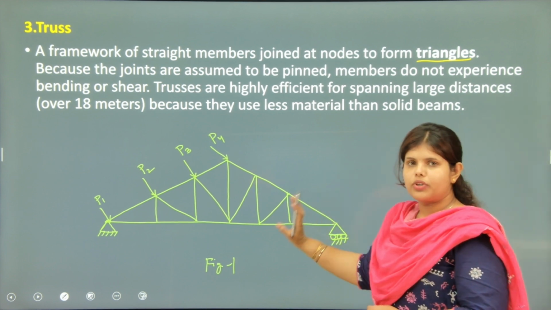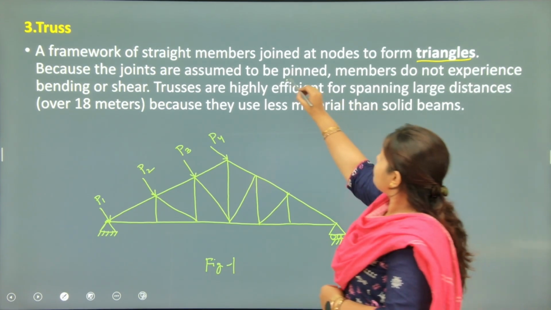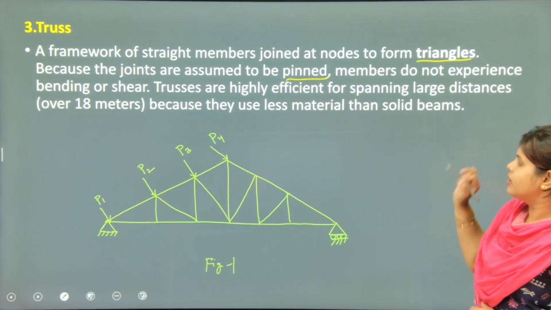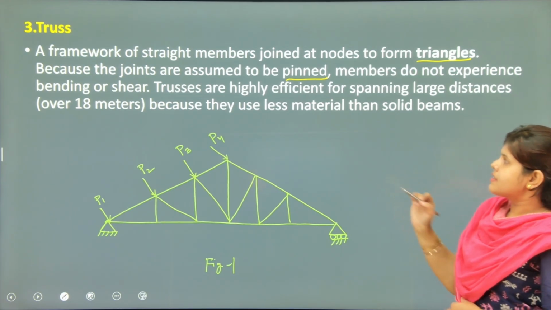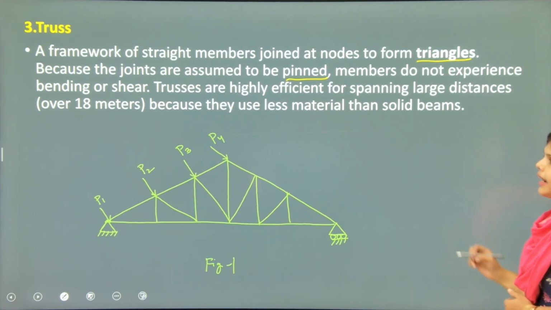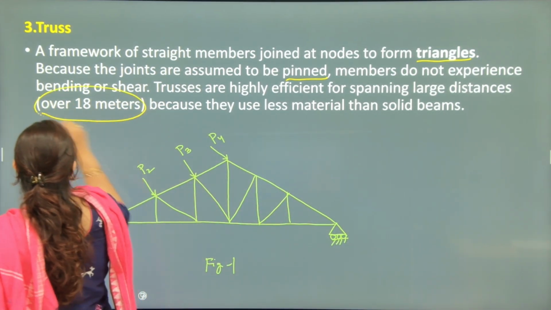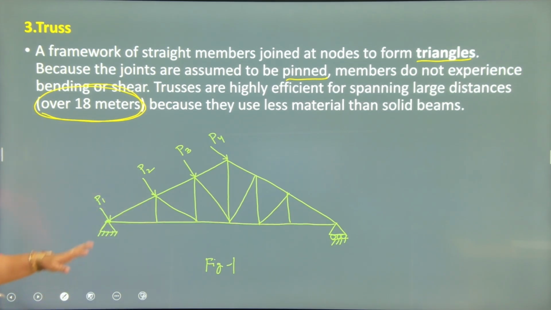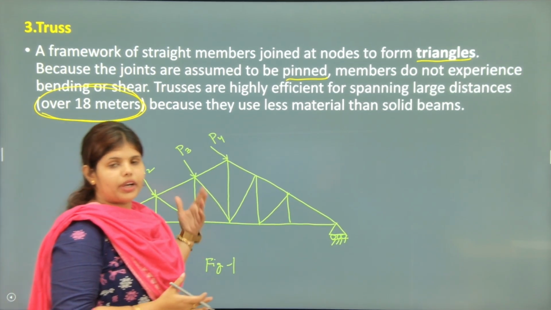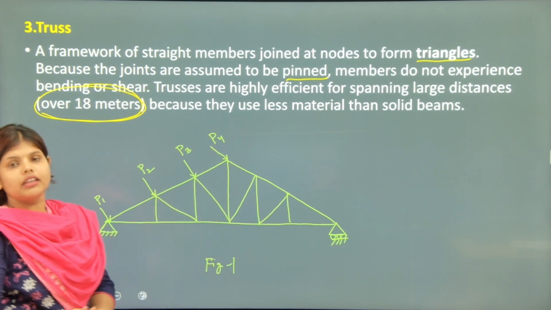In case of truss, the joints are assumed to be pinned, so members do not experience bending or shear. Trusses are highly efficient for spanning large distances, over 18 meters. For very long or large structures, we make a truss. It can take more load than beam and frame because it uses less material than a solid beam.